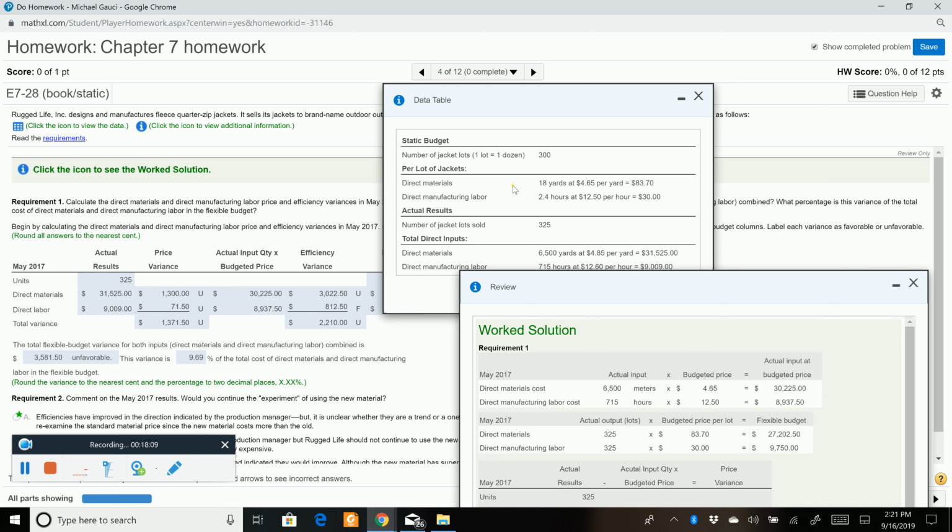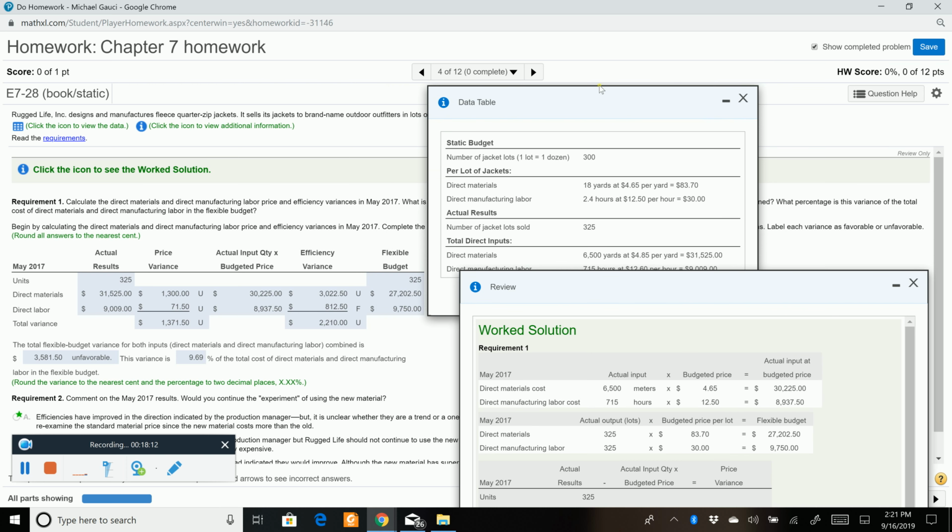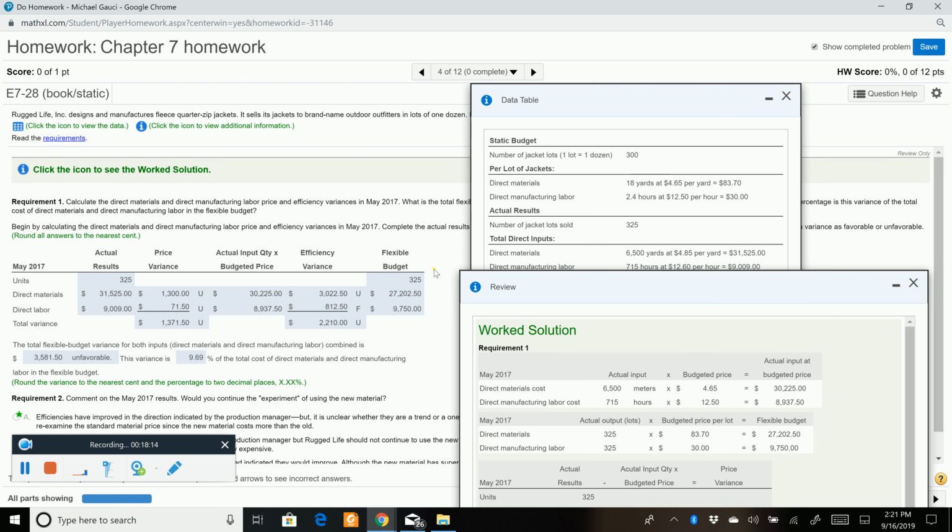Okay, so the author told us that the static budget, remember, the static budget is the planning budget, the original master budget. We were planning on selling 300 jackets. The original budget had standards of materials, 18 yards at $4.65 per yard, or a total direct materials of $83.70 per lot.